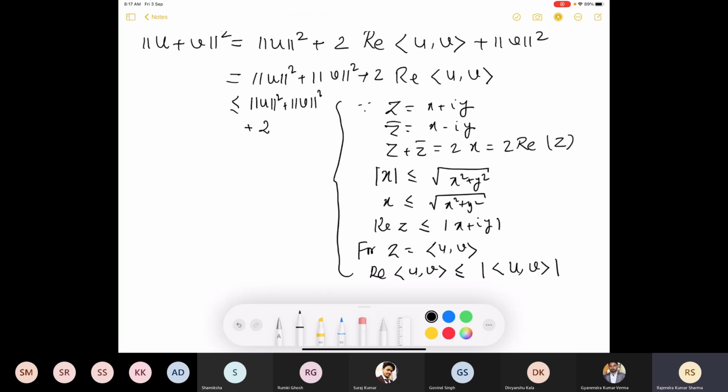Now using the Cauchy-Schwarz inequality, the modulus of the inner product is less than or equal to norm u times norm of v. So if it is twice, then this is less than or equal to twice of this norm.